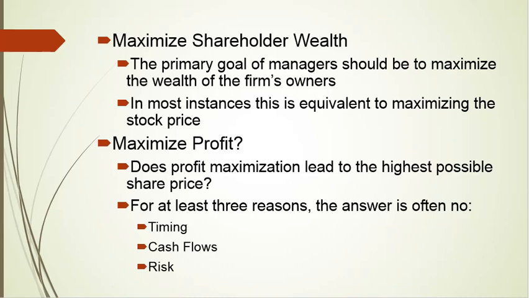And for at least three reasons, that answer is often no. The timing of cash flows is important. That's not considered in profit maximization. Profit is an accounting tool, a line item. It's not cash. And finally, in the end, it really doesn't look at risk. It doesn't assess the riskiness of the cash flows that we're talking about.